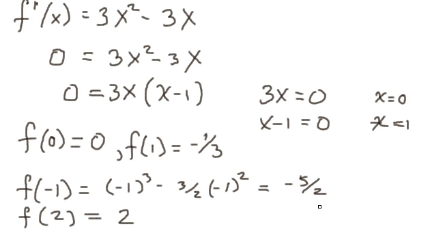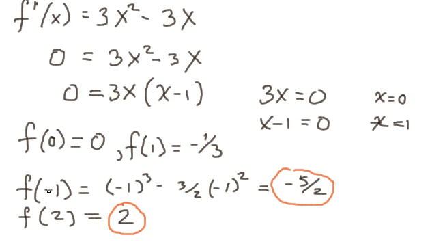As you can see out of these values, let me just circle them here, this is your smallest, -5/2, and your largest is going to be at 2. So we're going to have an absolute maximum at -1, -5/2.